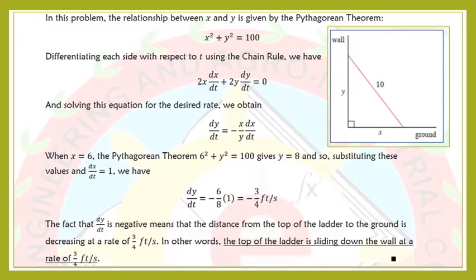In this problem, the relationship between x and y at the class is given by the Pythagorean theorem. So, diba this is a right triangle. Ito yung angle natin dito class. So, we have, diba ang formula ng right triangle is r squared is equal to a squared plus b squared, hypotenuse side over the adjacent side.